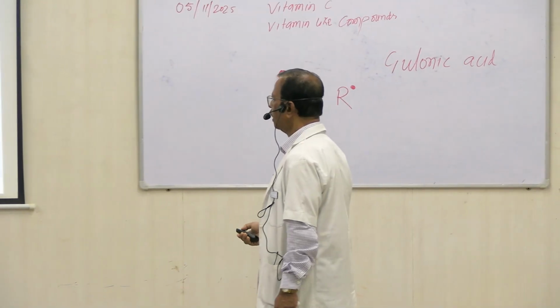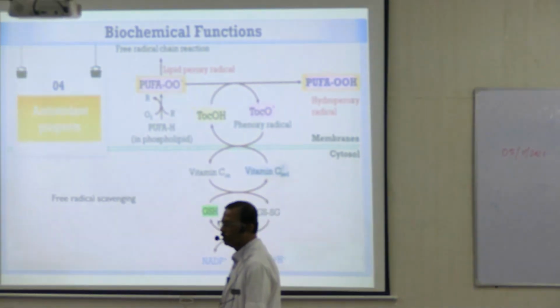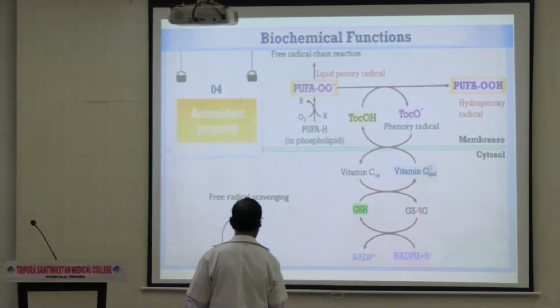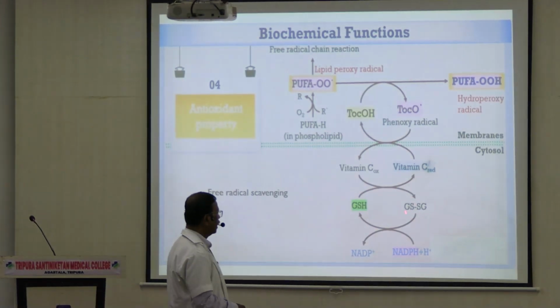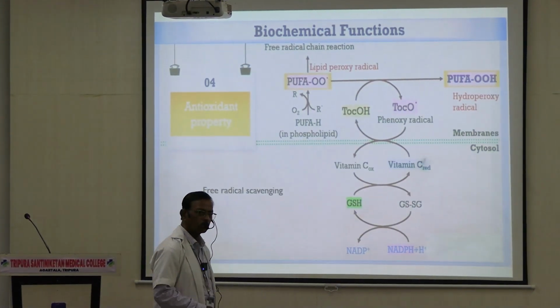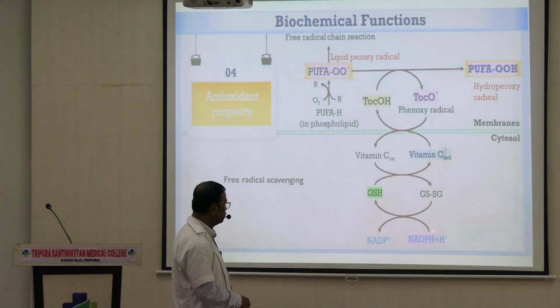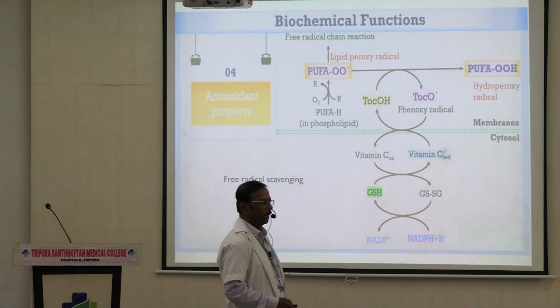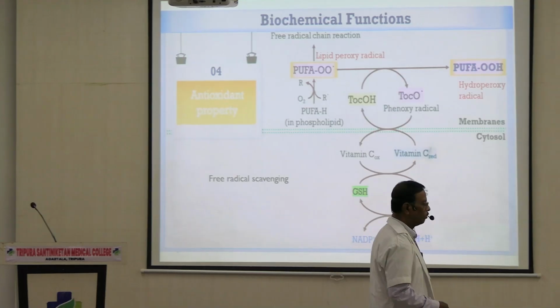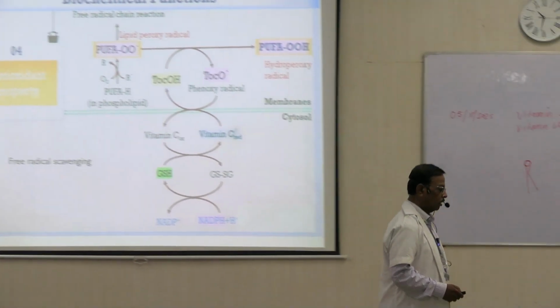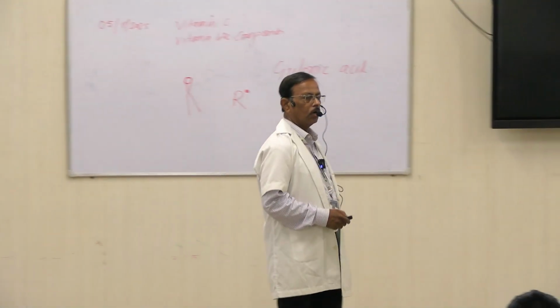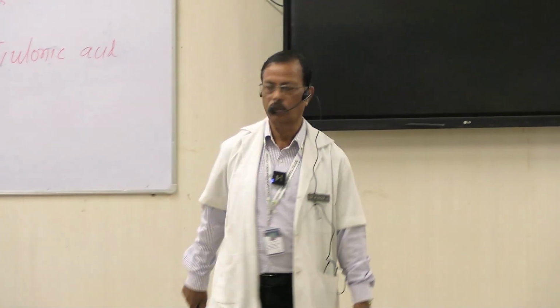It will donate the electron, and vitamin C will be reduced, and glutathione itself gets oxidized. Regeneration of reduced glutathione is further done by NADPH, which converts oxidized glutathione to reduced glutathione.